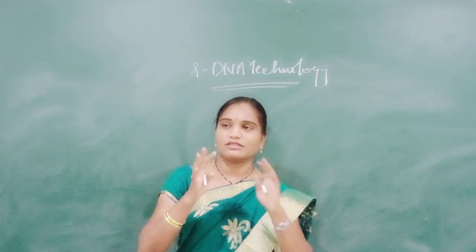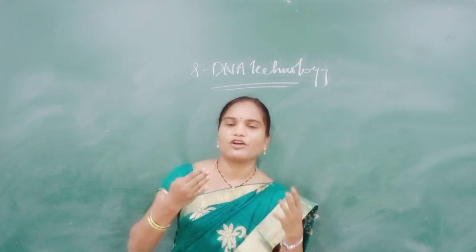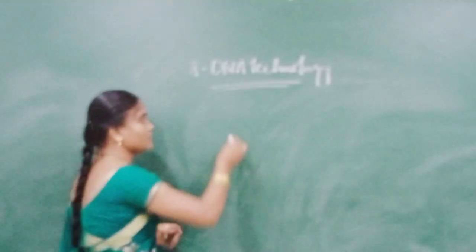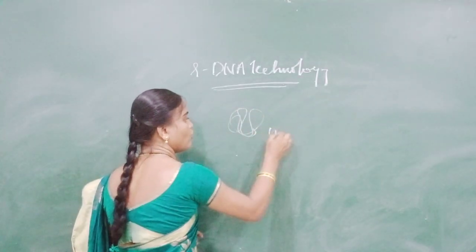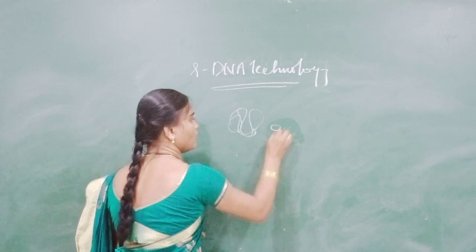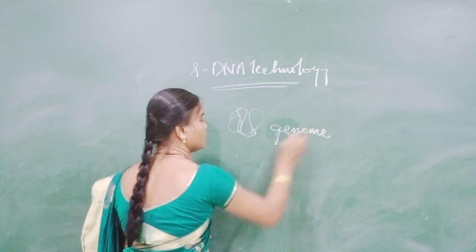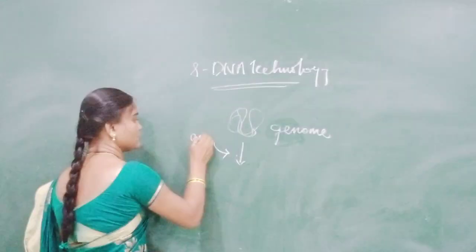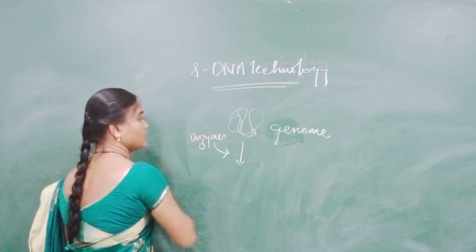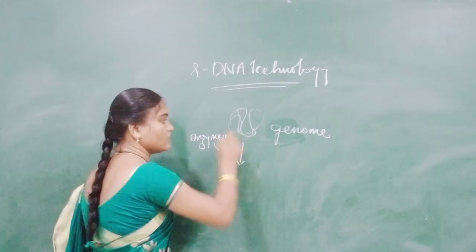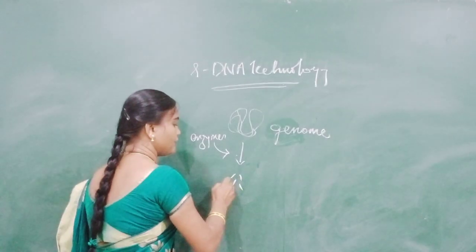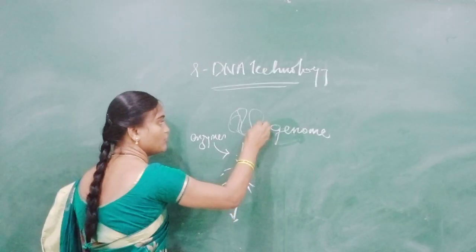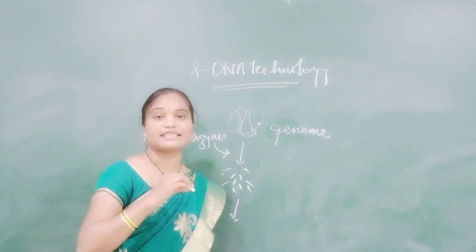So the overall framework, the overall flow chart for this technology is, supposing that this is the whole genome of an organism and you are adding enzymes. After adding enzymes, this genome will be cleaved into several fragments, and in this genome you will have a specific desired gene.